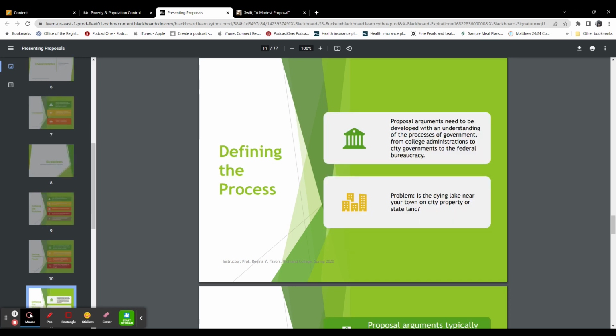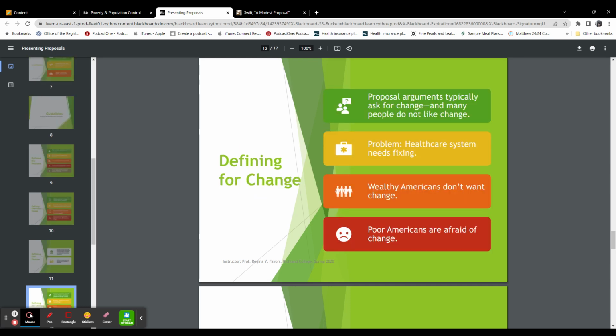And then proposal arguments need to be developed with an understanding of the processes of government, from college administrations to city governments, right? And then proposal arguments typically ask for change. And that's usually what you will see in most proposals. But a lot of people don't want change.